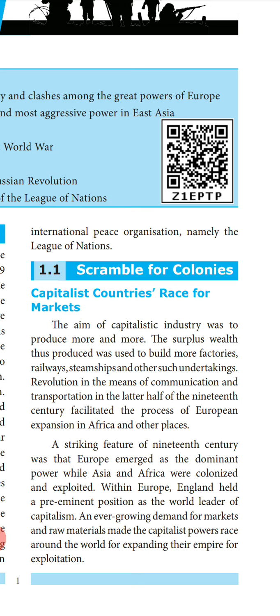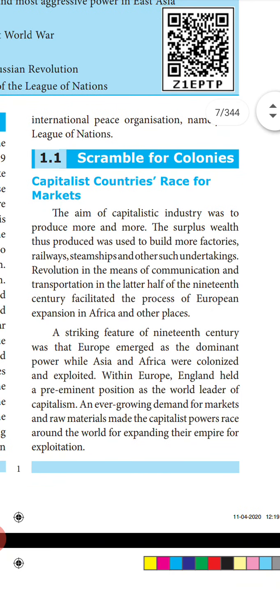A striking feature of the 19th century was that Europe emerged as the dominant power while Asia and Africa were colonized and exploited. Within Europe, England held a preeminent position as the world leader of capitalism.